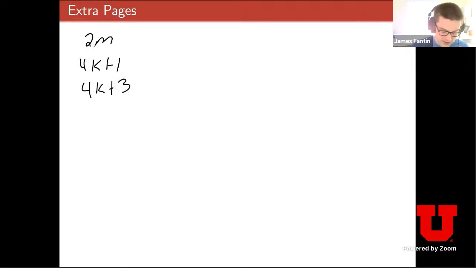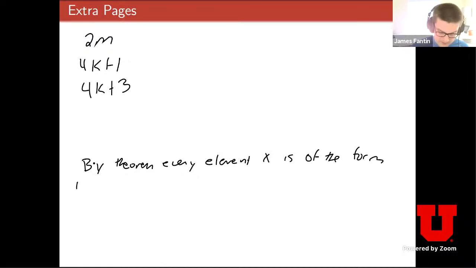We could use the division theorem and say by the division theorem, every element X is of the form 4k, 4k plus 1, 4k plus 2, or 4k plus 3, and this is a unique representation.